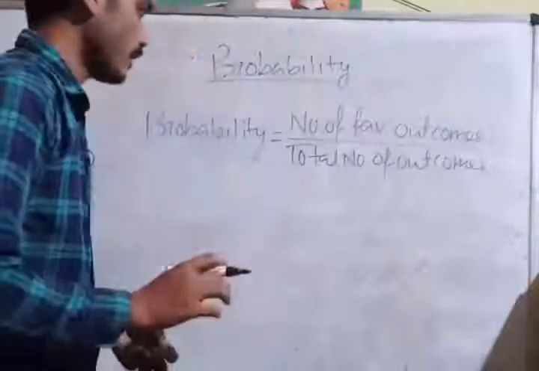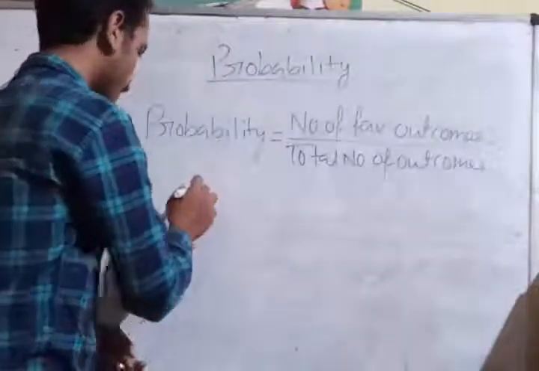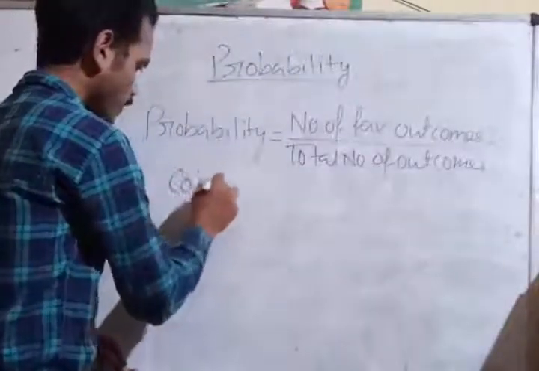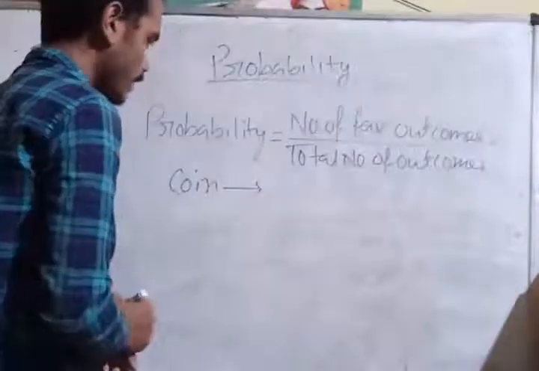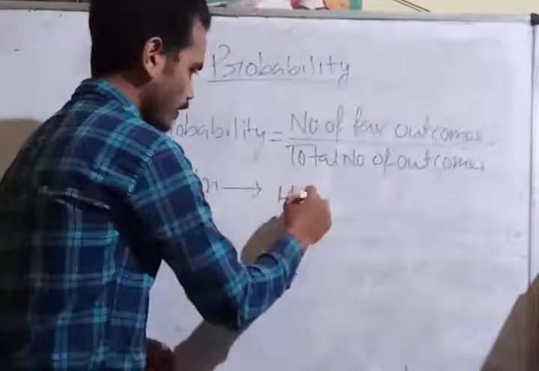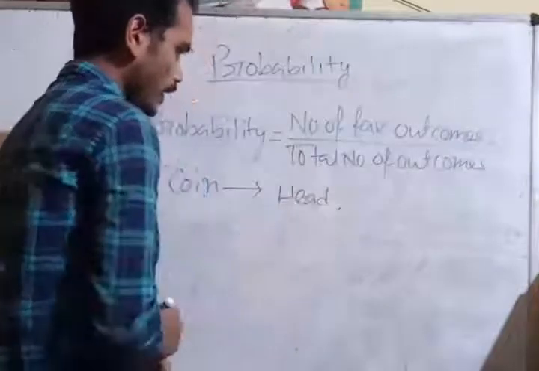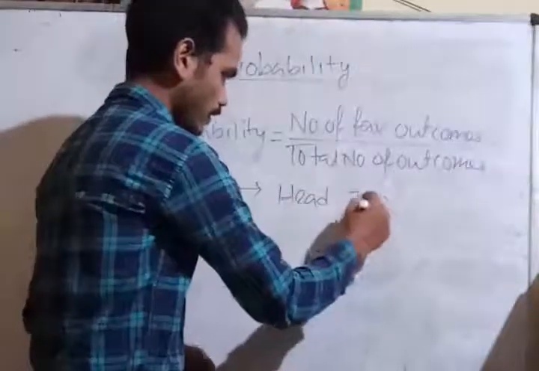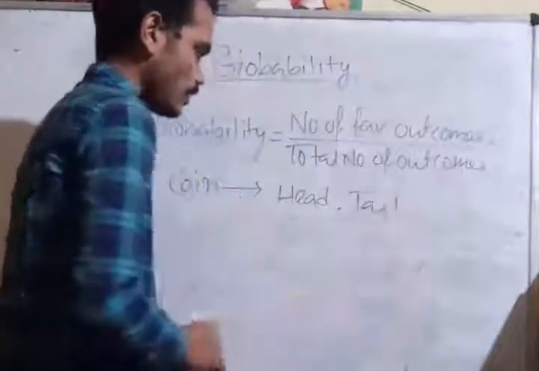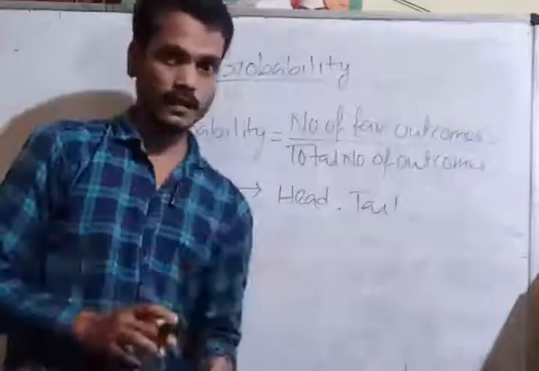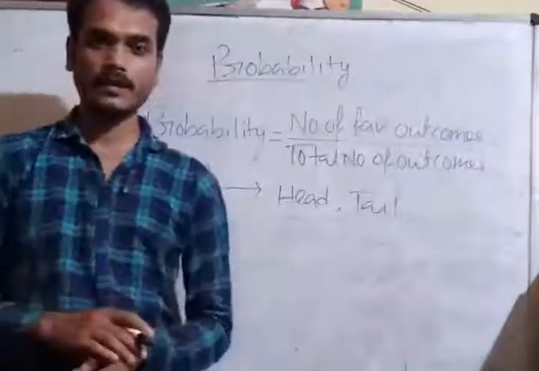Suppose I toss a coin, that example only I am taking. Then what may you have? You may have head or you may have tail. So these two things only you may have. One is head, another one is tail.